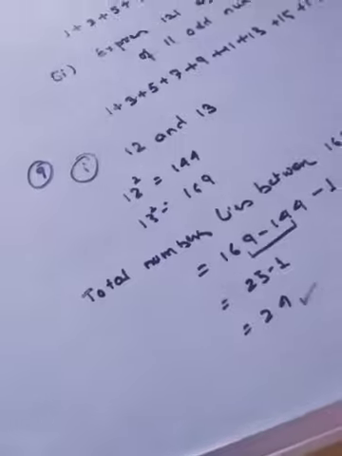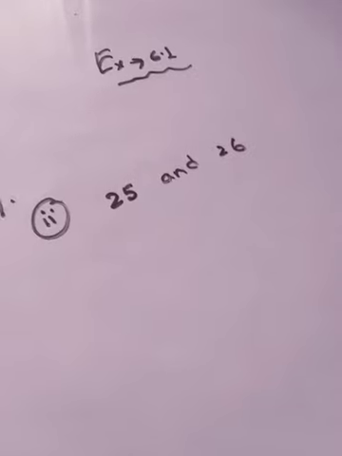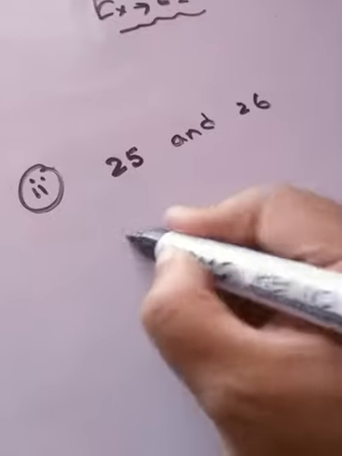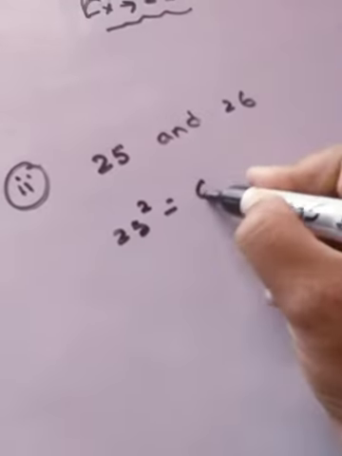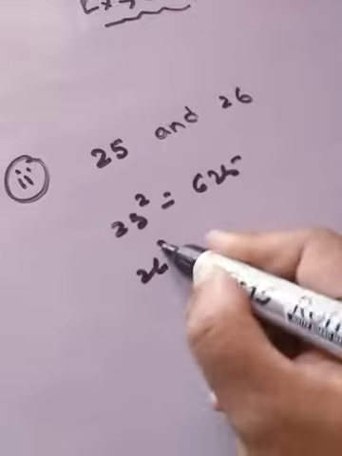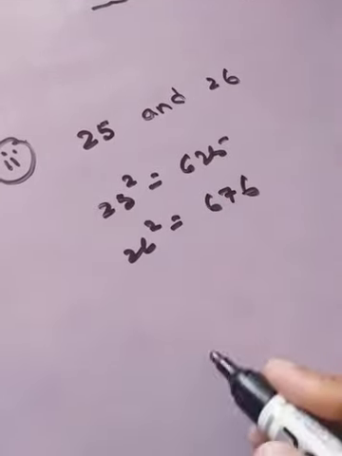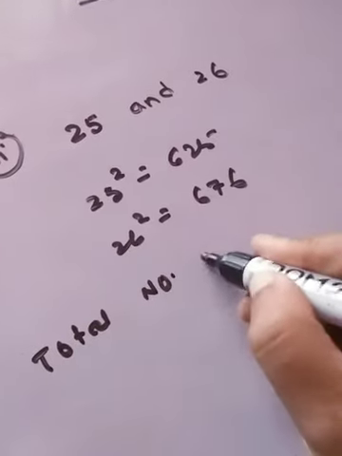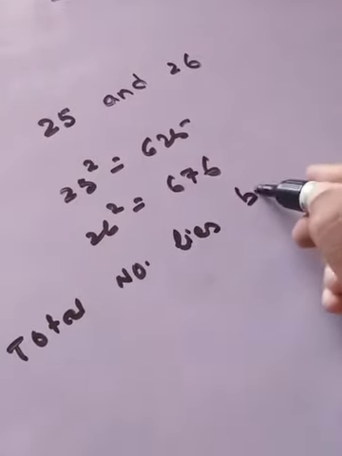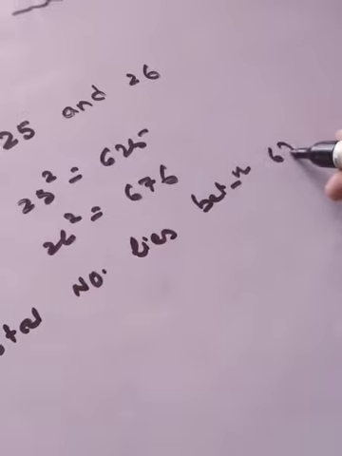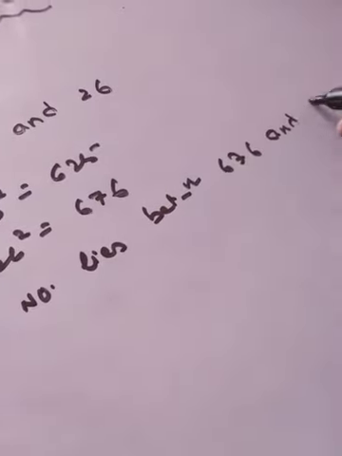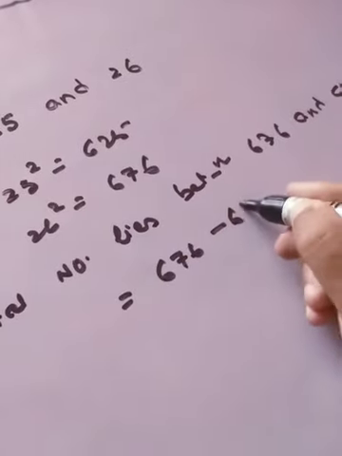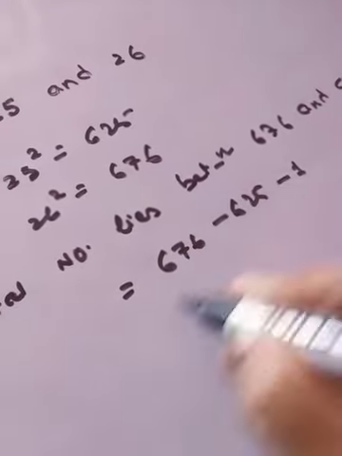Let's do the second sum of question number 9. How many numbers lie between the squares of 25 and 26? It's very easy. 25 square is 625 and 26 square is 676. So total numbers that lie between 676 and 625 is equal to 676 minus 625 and also minus 1.